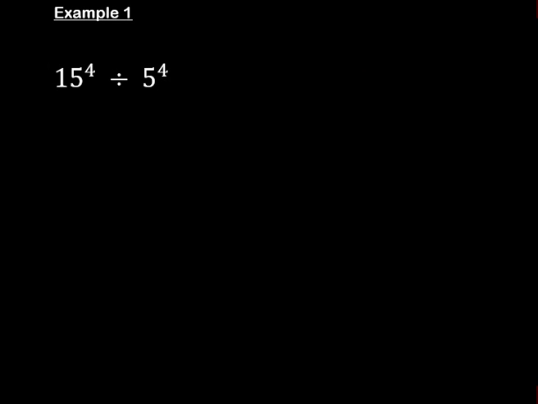In part number 1, we have got 15 to the power of 4 divided by 5 to the power of 4. You can see that the powers are the same. So in that case, let us apply law 6 of exponents.